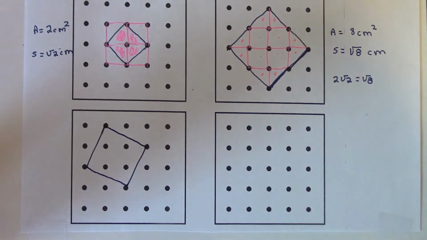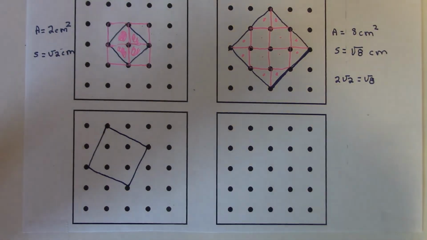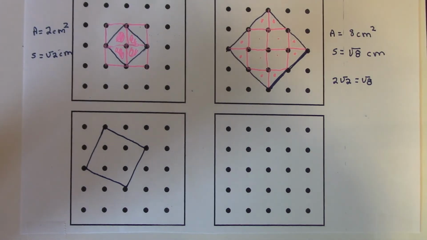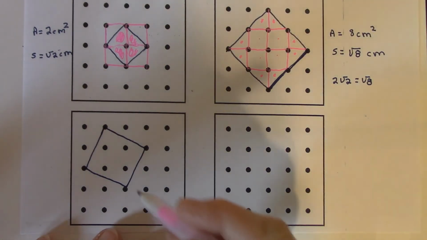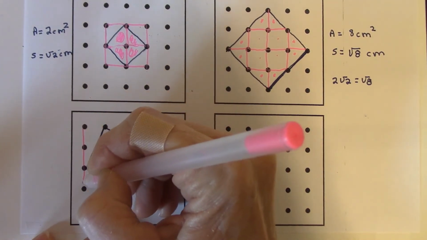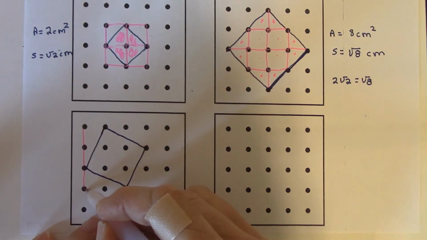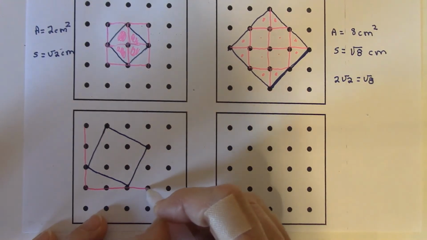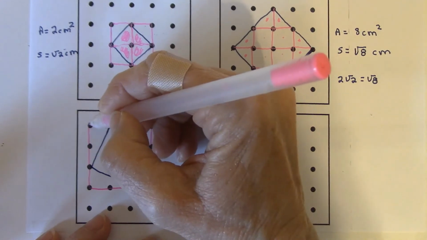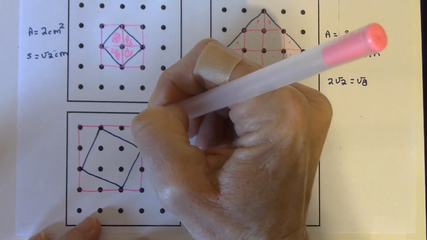It's right there. Now I want to find the area of that square, and in order to do that, it's going to involve some triangles like the previous ones, but I'm going to draw this big square around the square that I want to find the area of.